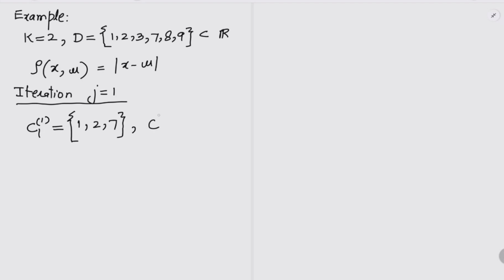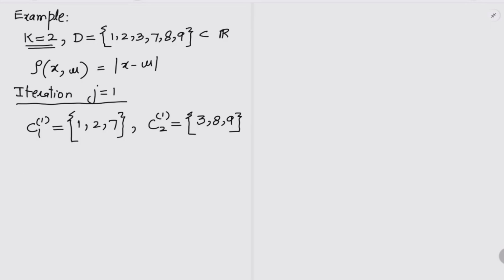And at iteration number 1, since we need to make two clusters, cluster number 2 is 3, 8, and 9.